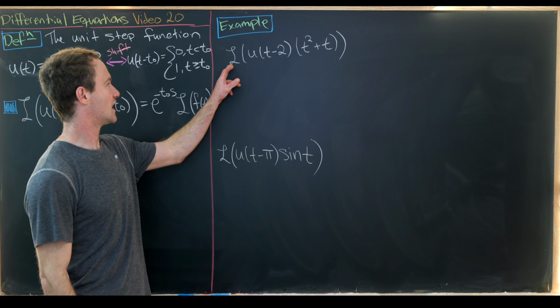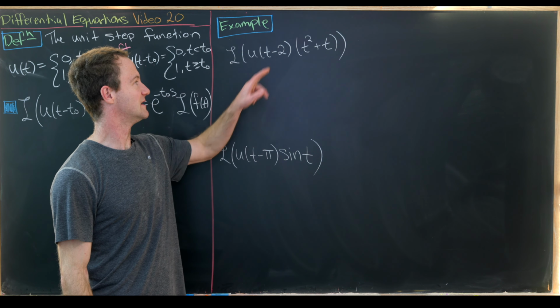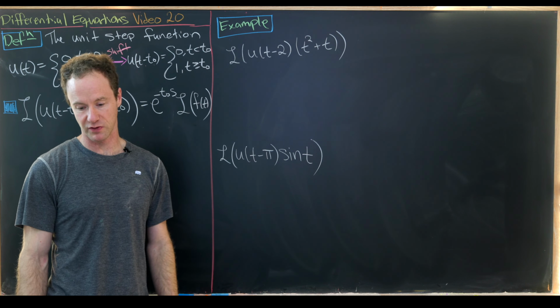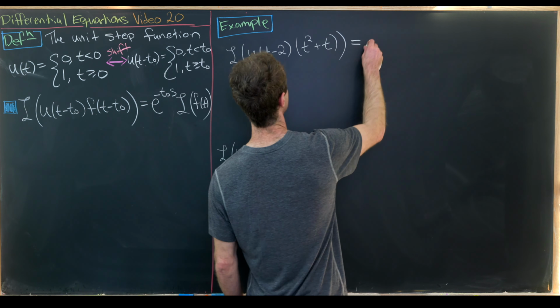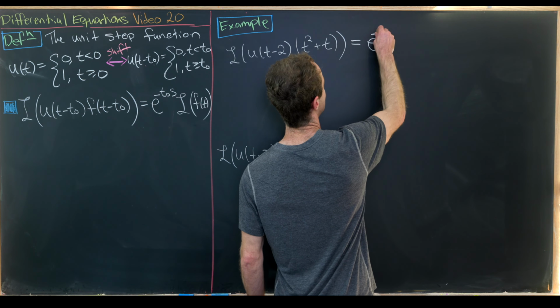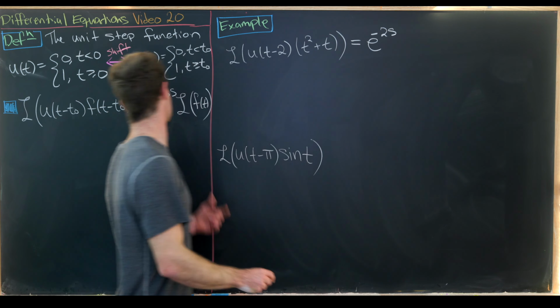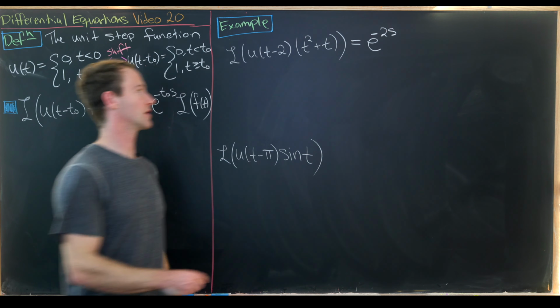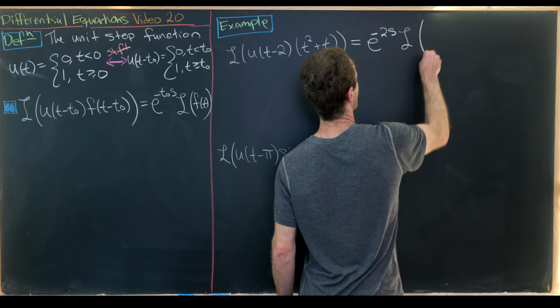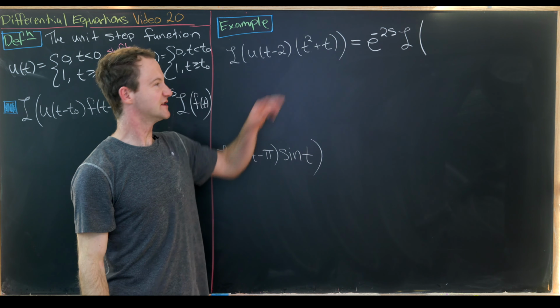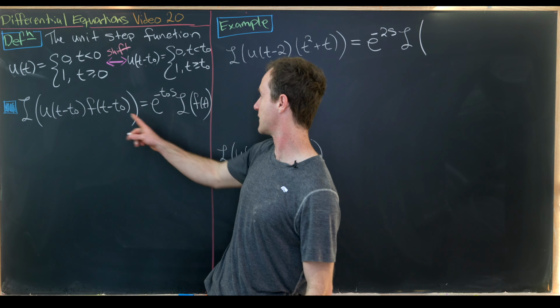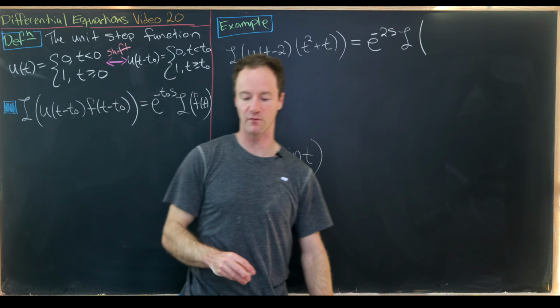So we've got the Laplace transform of u of t minus 2 times t squared plus t. So let's start by noticing that this should be equal to e to the minus 2s from this first term here. And then we'll have the Laplace transform of shifted versions of this. So these are not set up like the lemma, but they're set up so that we have to do a little bit of work.